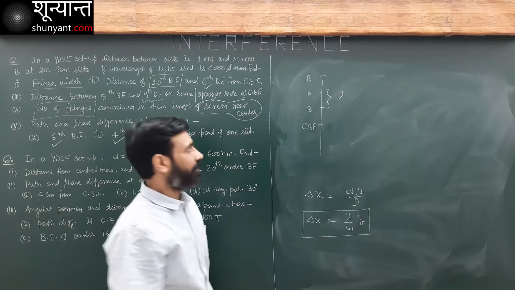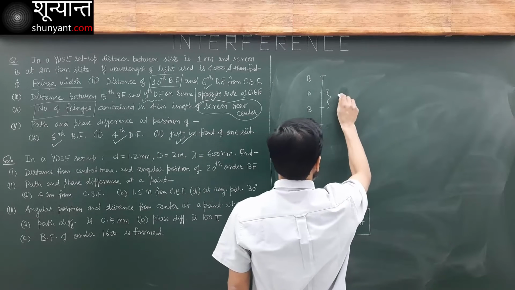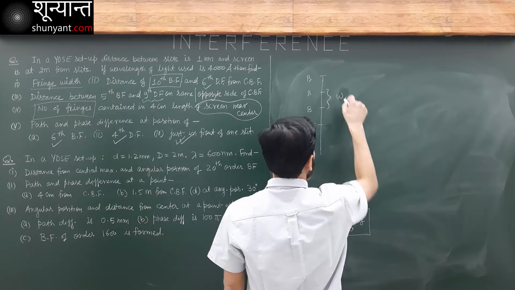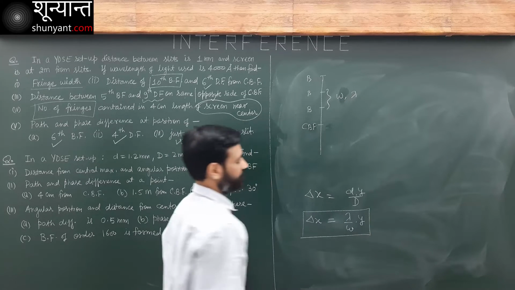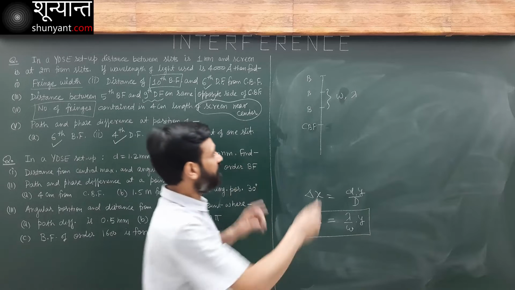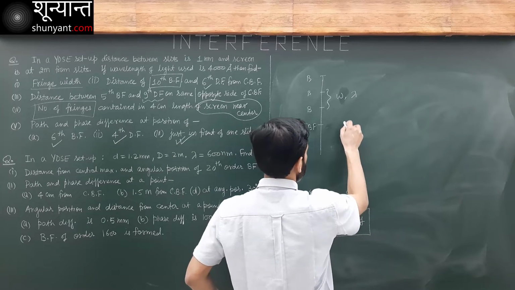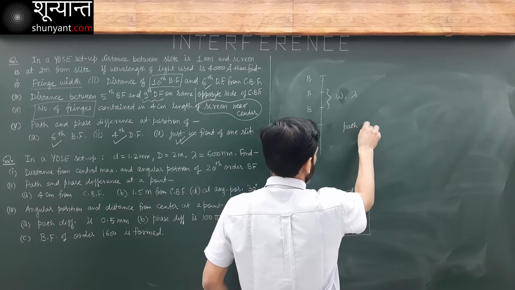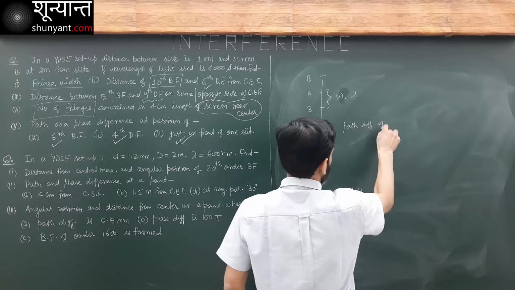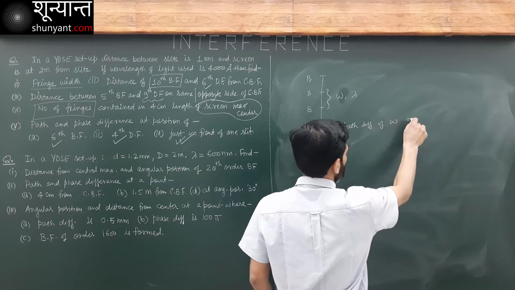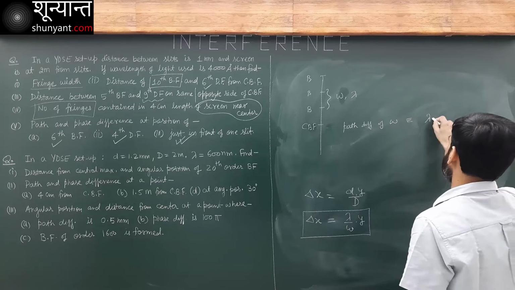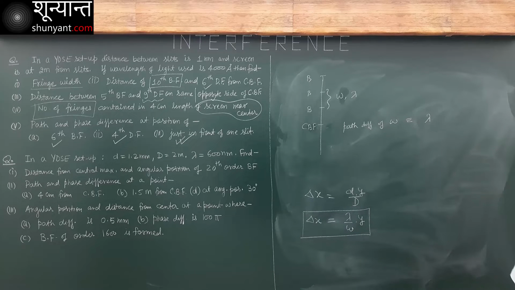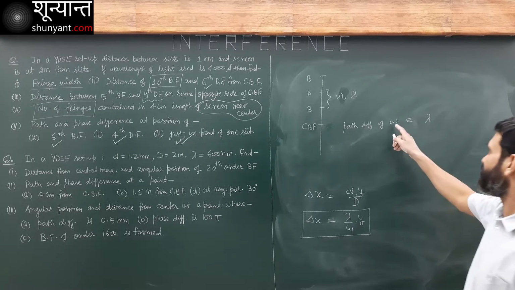What is the distance between them? The distance between them is omega, the fringe width, and the path difference is lambda. That means a path difference of lambda corresponds to a distance omega.